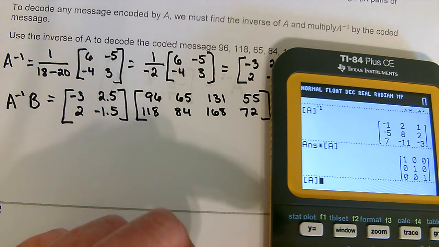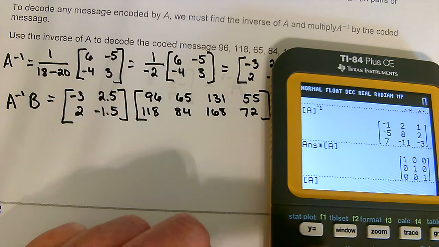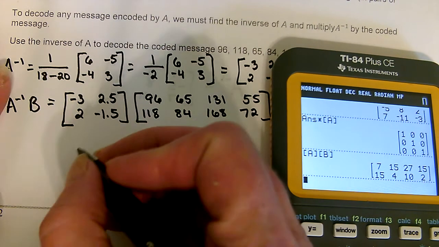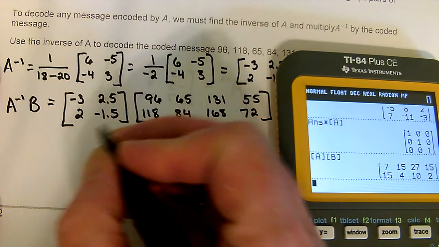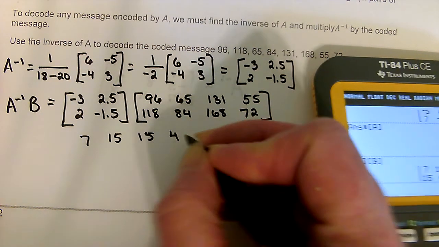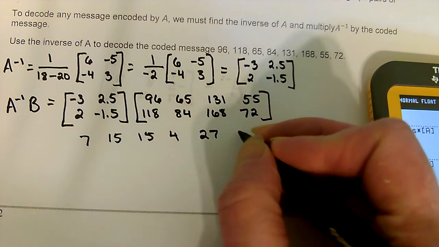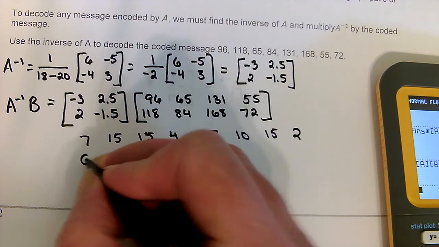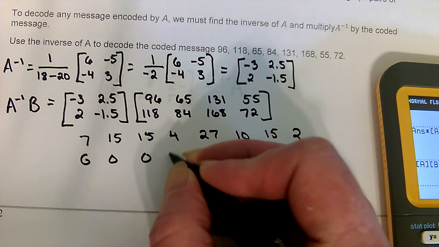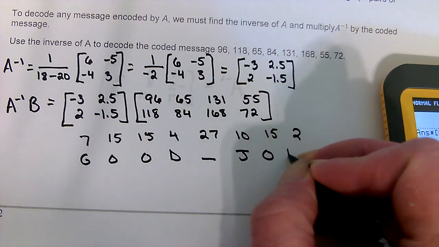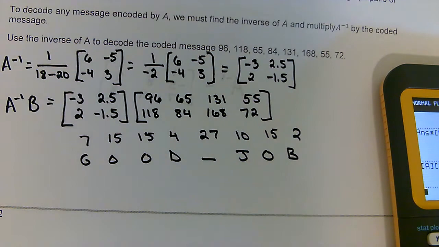Now I'm going to take what I put in for matrix A, which was my inverse, and multiply it times B. And I get 7, remember how they were written before, that's 7, 15, 15, 4, 27, 10, 15, and 2. And if I look back up at the top, I'm going to get the decoded message from 3.2.